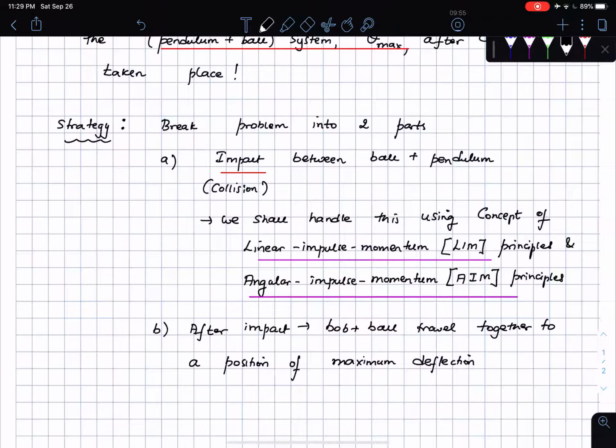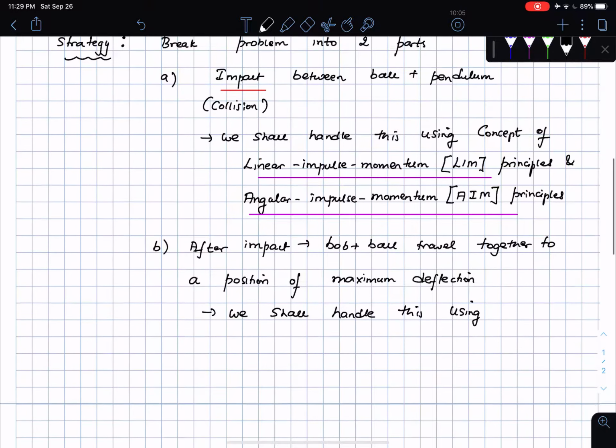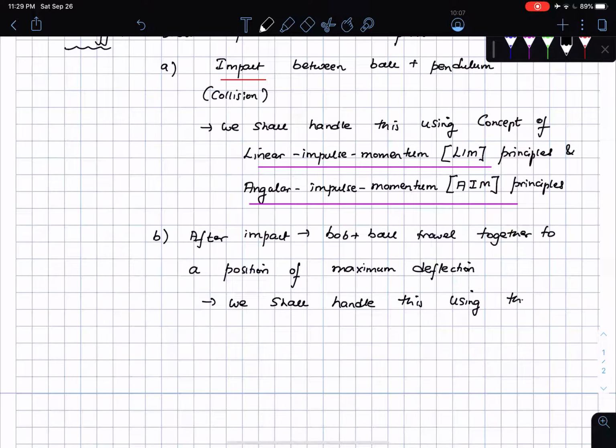We will handle this using work energy techniques, using the work energy theorem. That's the other thing that we're going to be making use of. So this is almost like a combination problem, two things are being asked here.